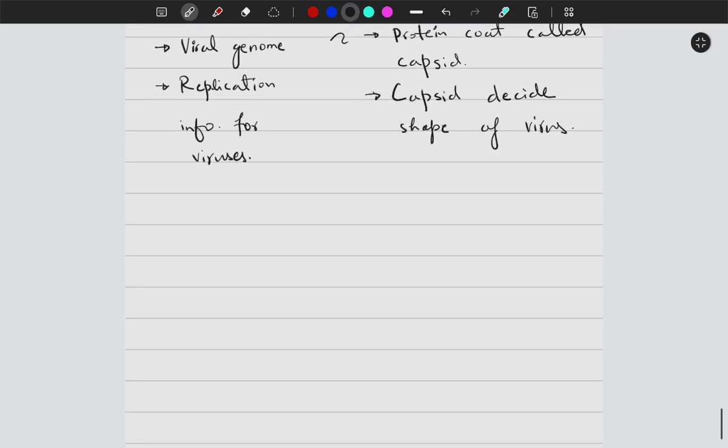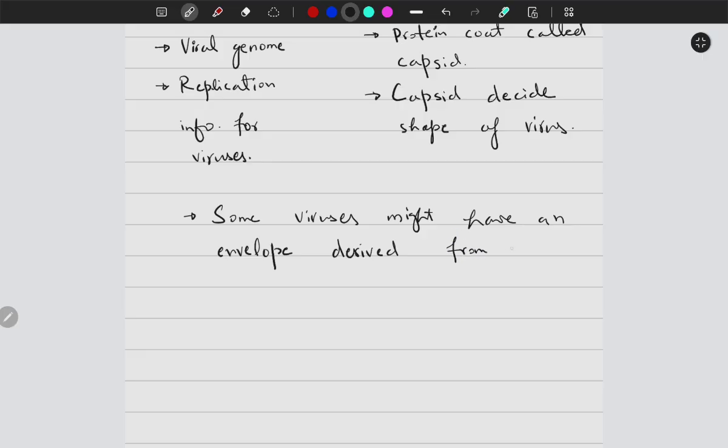Now, some viruses, not all of them, right, might have an envelope which is derived from the host cell membrane. So what happens when mature viruses are leaving the host cell?